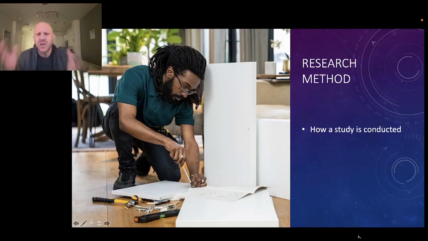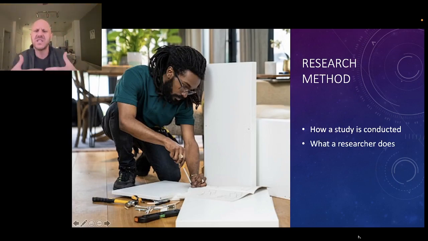In terms of a research method, I want you to think about it in terms of how the study's actually carried out or built. It's what tools are going to be used and how they're going to be used to do the study. That's essentially what a researcher does in the conduct of a given study. So that's the method. What is the researcher actually doing?